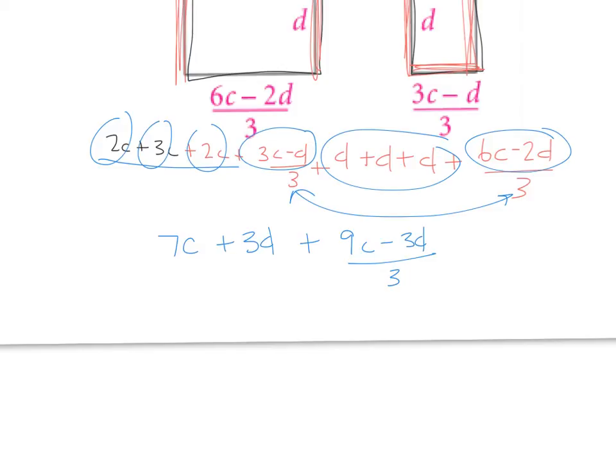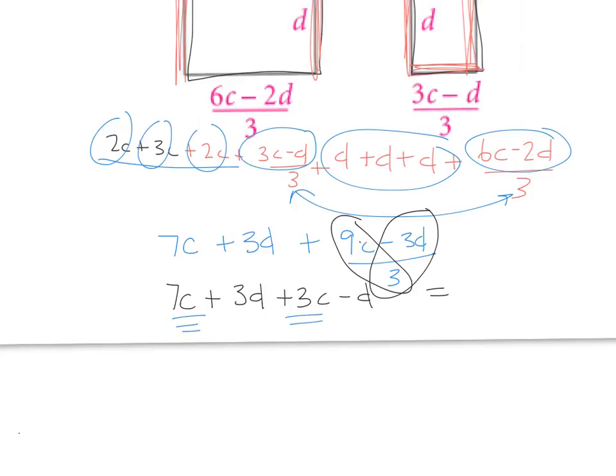Actually, I don't need to get a common denominator with these other two because I can reduce these two. So it's 7c plus 3d. I can divide 9c by 3 to get 3c, and I can divide negative 3d by 3 to get negative 1d. So at the very end, I'm going to combine my c's because that becomes first in the alphabet. So it's going to be 10c's plus 2d is the answer.